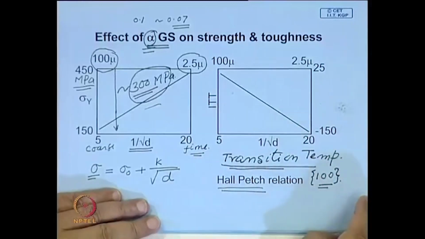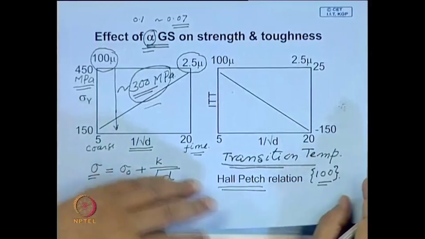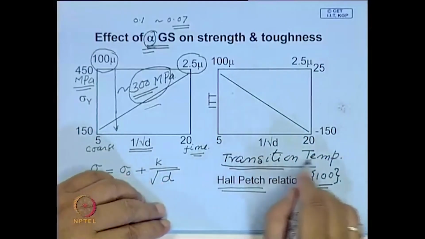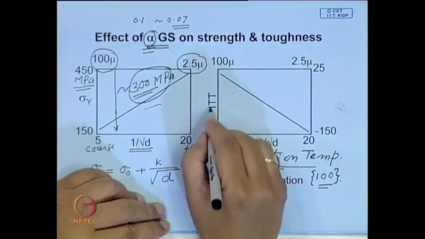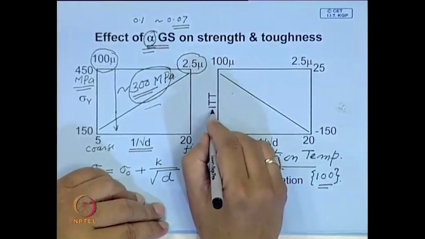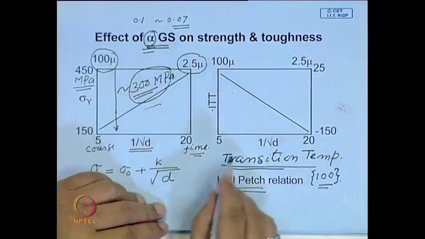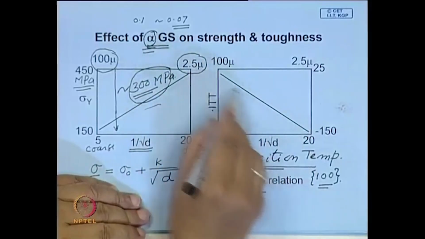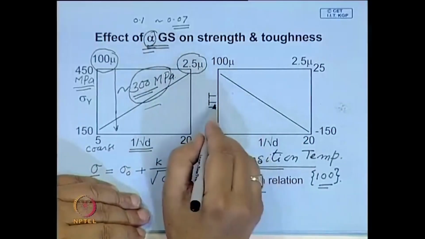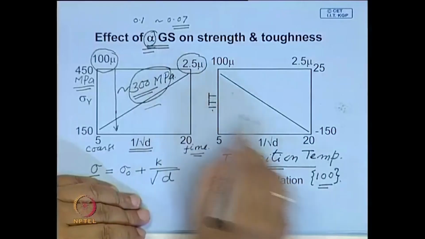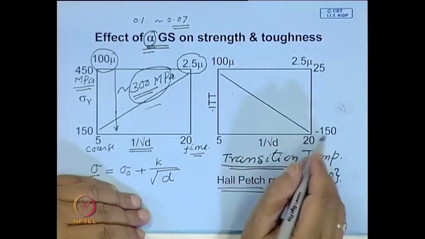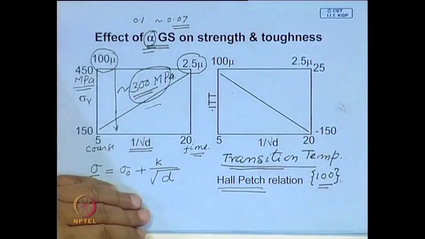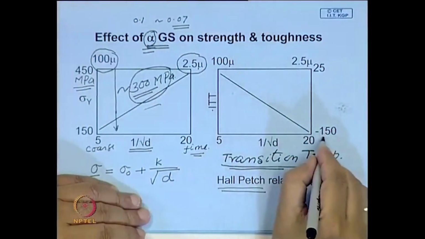And the best way to measure this is by impact testing. So, ITT means impact transition temperature, and using Charpy, that is pre-cracked or Charpy test pieces, you can find out the impact transition temperature by conducting tests at various temperatures, and here the temperatures are noted.